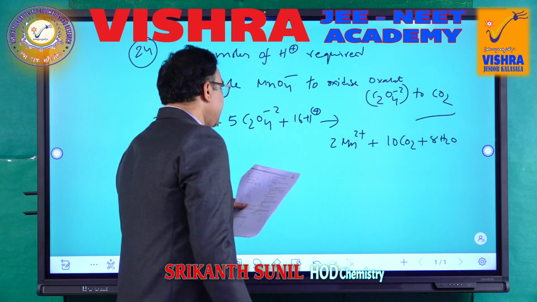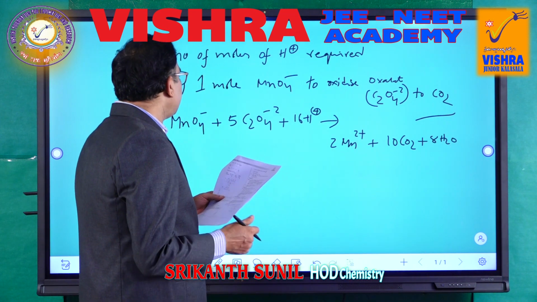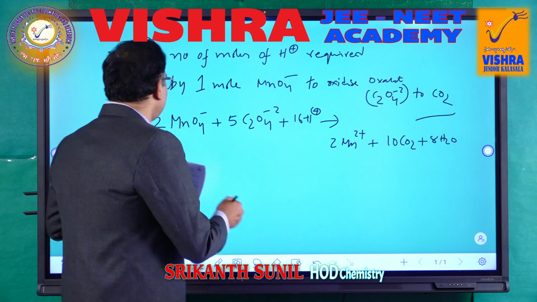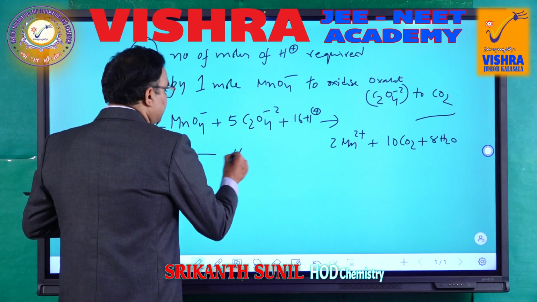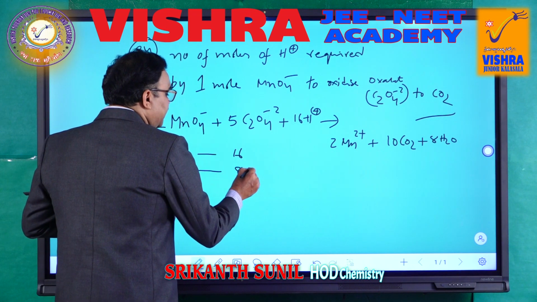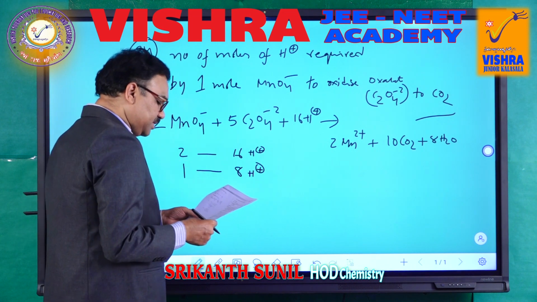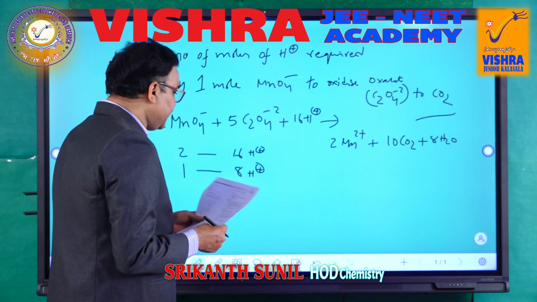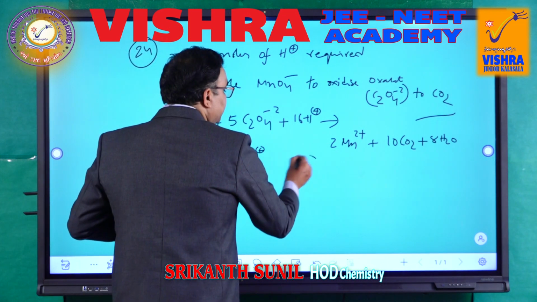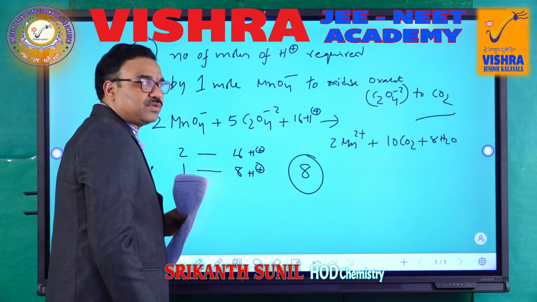So how can we write? 2 moles of KMnO4 require 16, so 1 mole requires 8 H plus ions. So the answer is 8. 8 is the numerical answer for this 24th question.